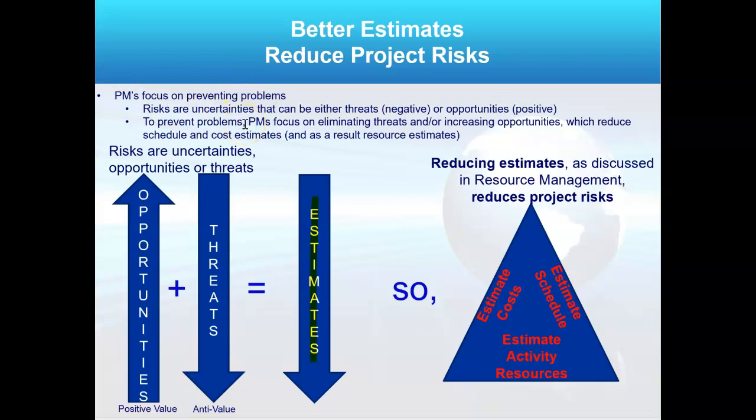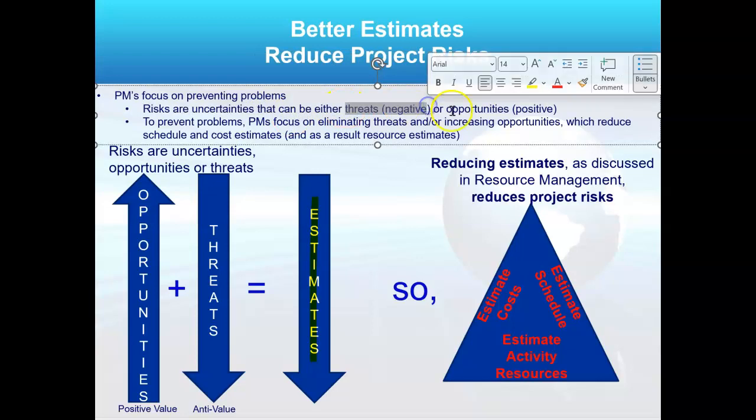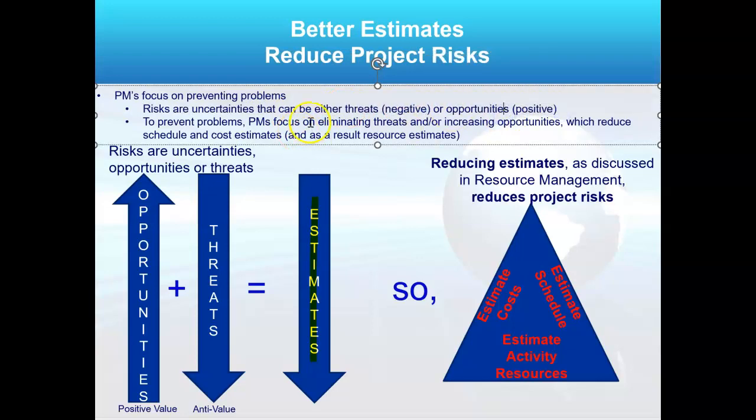And that means these risks, which I defined earlier as an uncertainty, which is either a threat, which is negative, or an opportunity, which is positive. So you want to create opportunities, increase those risk opportunities. What do I mean by risk opportunity? Well, maybe you can do a joint venture with somebody, right, who has a particular talent.